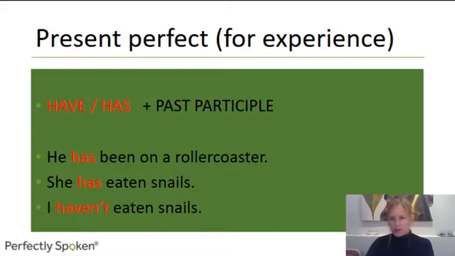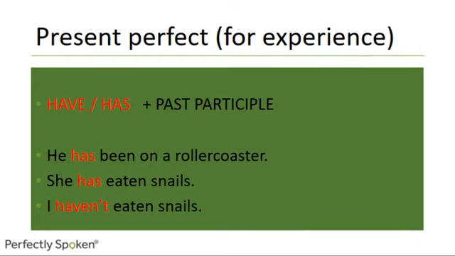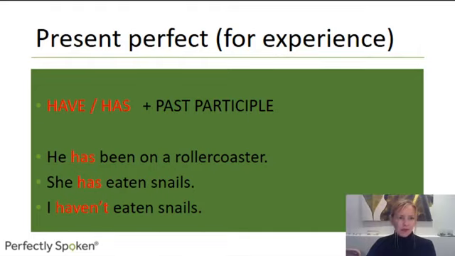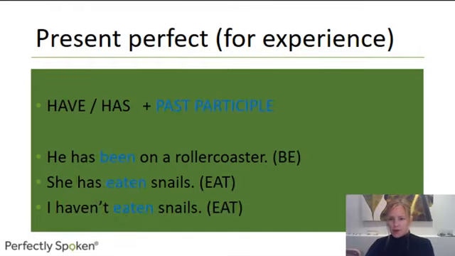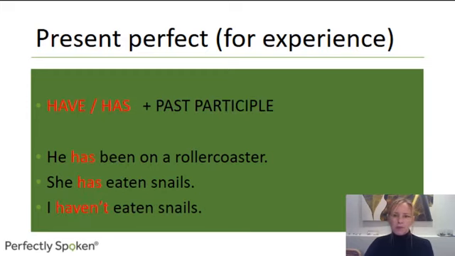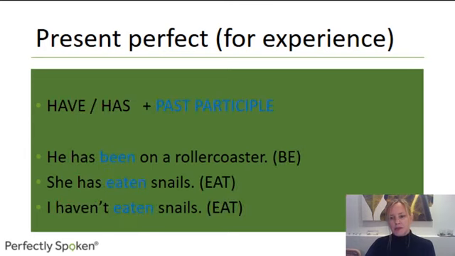So I'm just going to put on some slides just to review the form and the use of present perfect. So here we go. So you've got present perfect for experience, you've got have or has, plus the past participle. Okay, so here's the past participle in blue, the auxiliary verb, have or has in red.